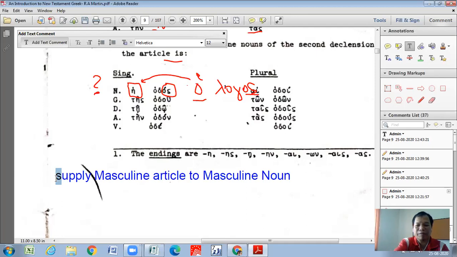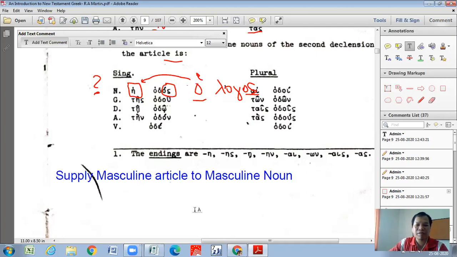Now be able to see the same thing. Neuter article to neuter noun.